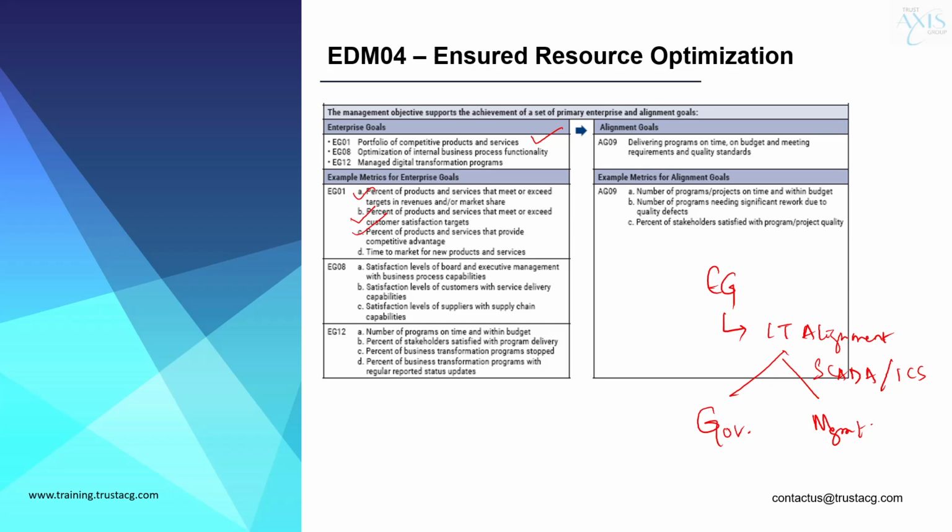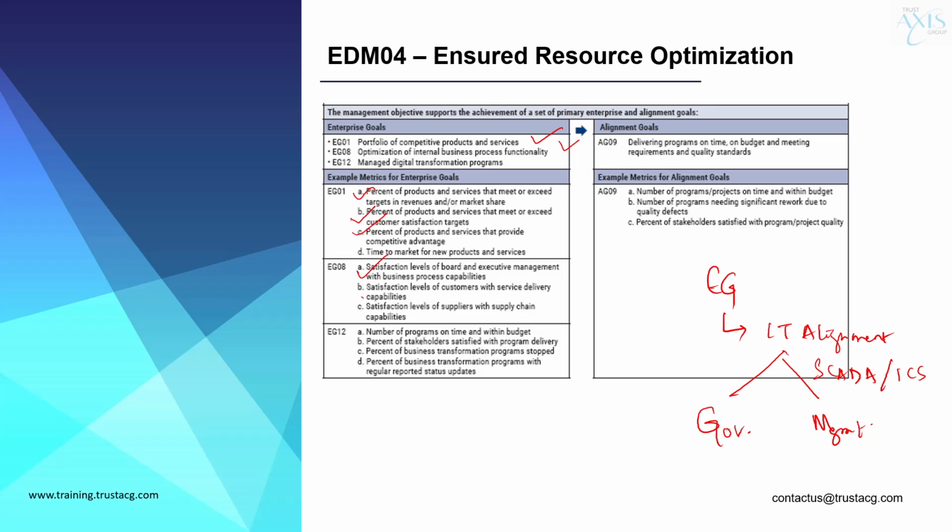Likewise, if you have the enterprise goal around optimization of internal business process functionality, here the goal is to focus on ensuring the internal processes that you have are efficient, standardized, and scalable. Some of the metrics that can be used to evaluate this would be understanding the satisfaction levels of the board and the executive management with the business process performance.